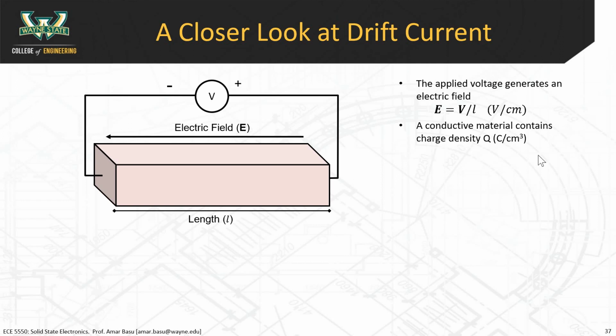So the units for electron concentration would be electrons per centimeter cubed, or sometimes we say 1 over centimeter cubed. We don't even put the electrons in the numerator. So the difference here is that the charge density is the electron concentration times the charge per electron. And let me just note that down here.